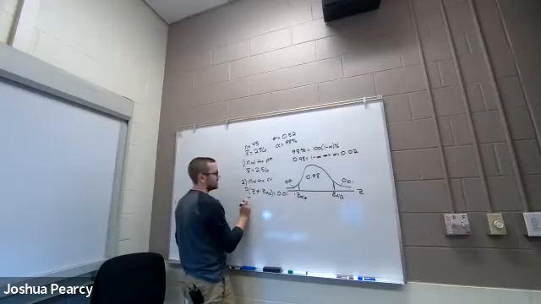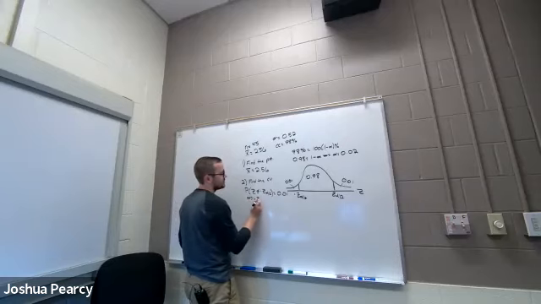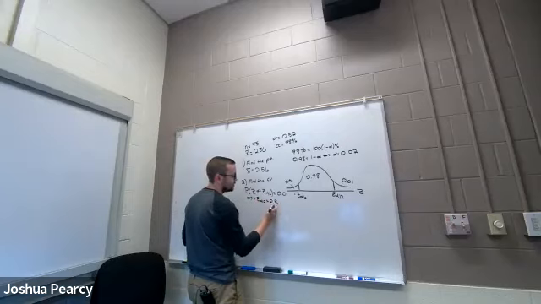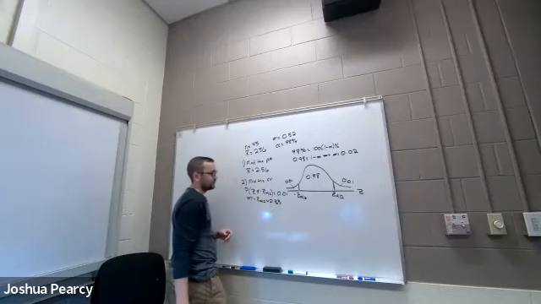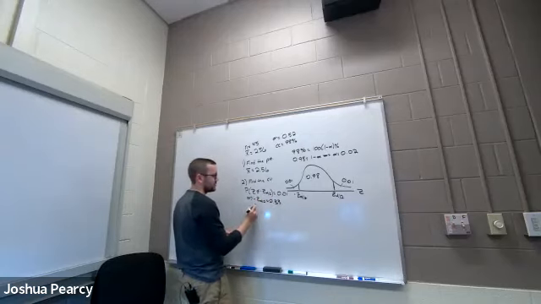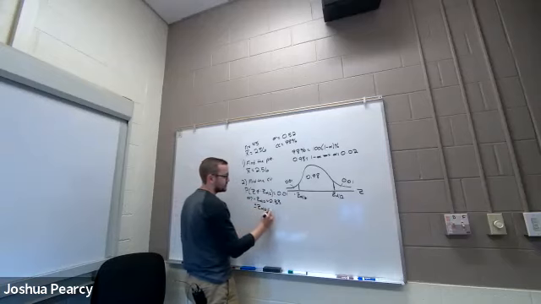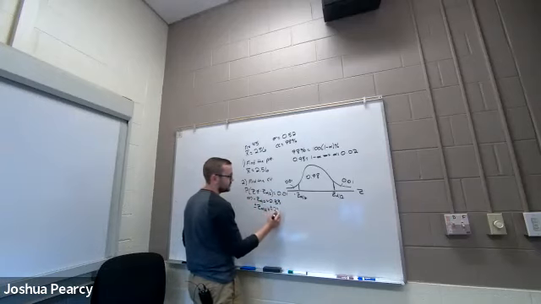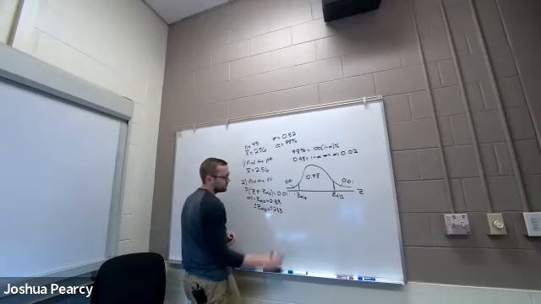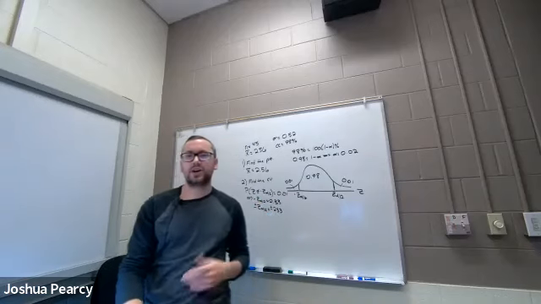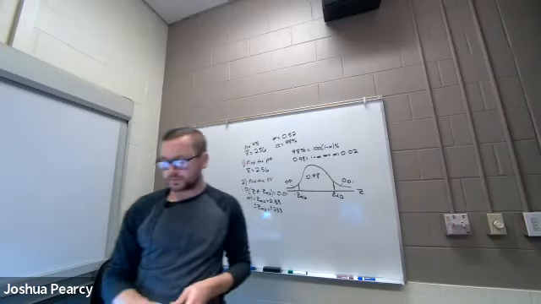So this implies that negative z alpha over 2 is negative 2.33. Or you can just say that z alpha over 2 is plus or minus 2.33. I don't care if you just give me the positive one on the exam.